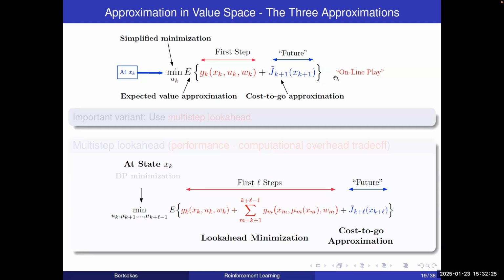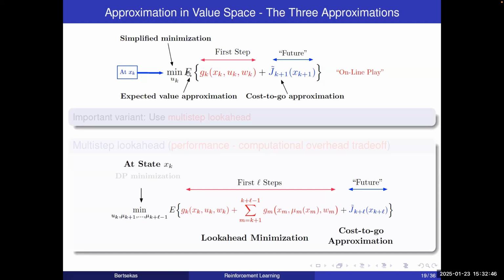But there are other potential approximations in this formula here. There's the cost to go approximation, this J tilde, which I mentioned. Sometimes this expected value is difficult to compute, and we may want to approximate it by some limited sampling, some kind of simulation.